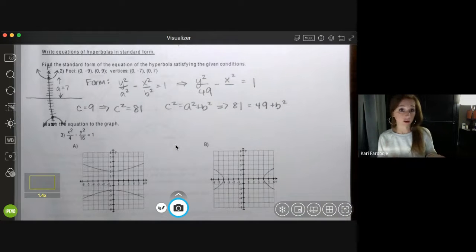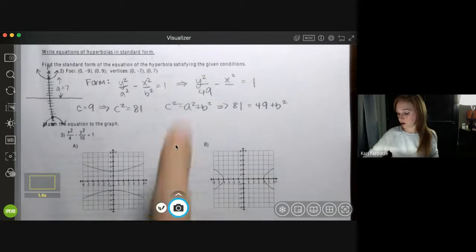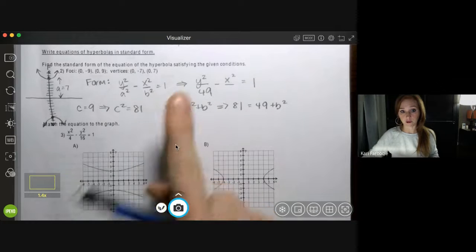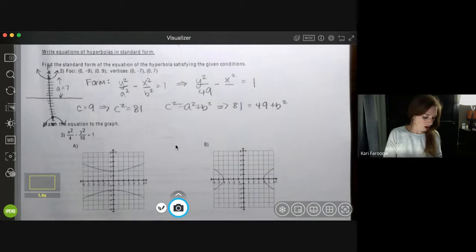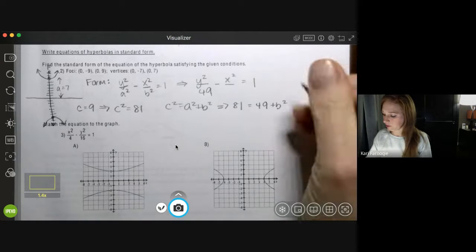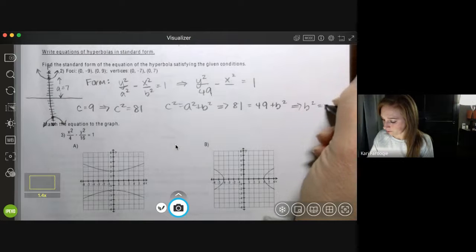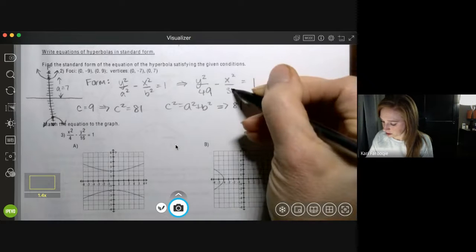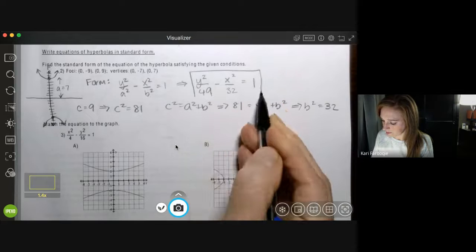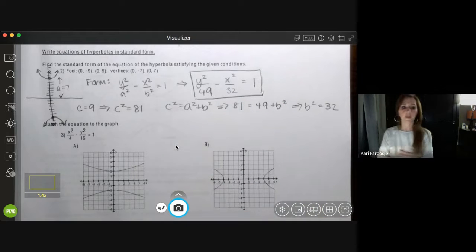Now, we don't actually have to solve for B here. We just need B squared so that we can pop it in for B squared in the formula. So 81 minus 49 gives you 32. And there's the equation for this hyperbola.